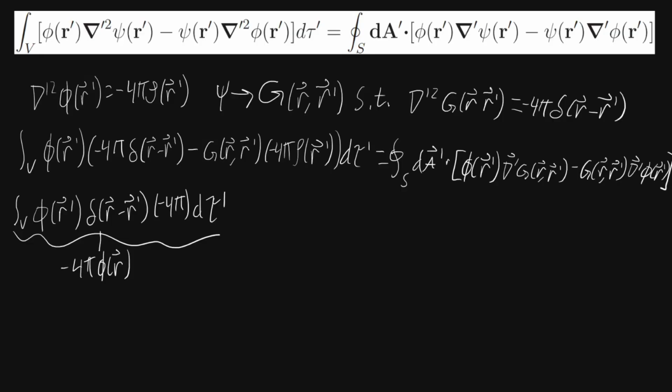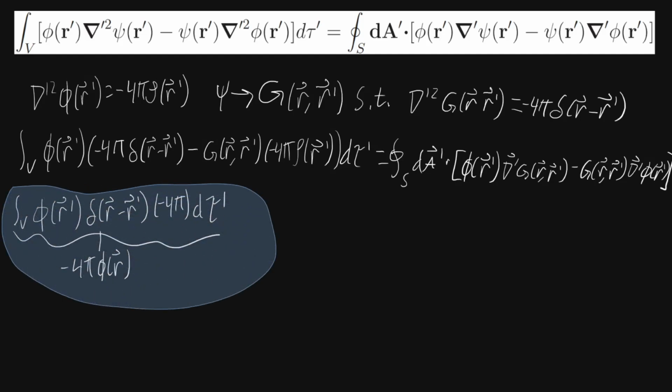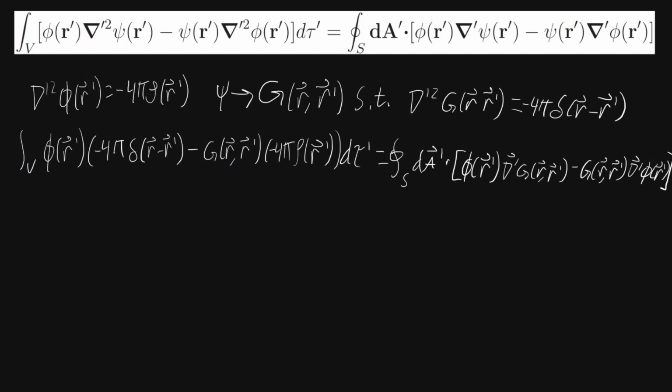Okay? And so we are now able to get rid of that first integral, and replace it with just that negative 4 pi phi of r. So now we have negative 4 pi, and then I'm going to pull out the negative 4 pi also from this. So we have negative 4 pi times phi of r minus the integral over the volume.